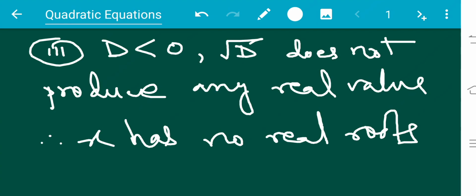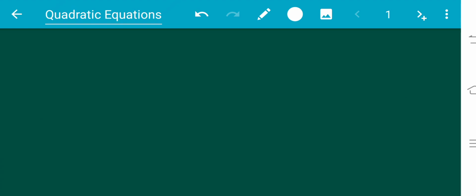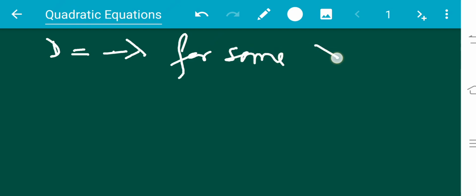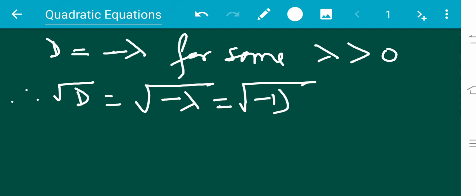Okay, but let me extend it further. Suppose d is less than 0, means d is equal to minus lambda for some lambda greater than 0. Therefore square root of d is nothing but square root of minus lambda, which is equal to square root of minus 1 times lambda, which is i square root of lambda.